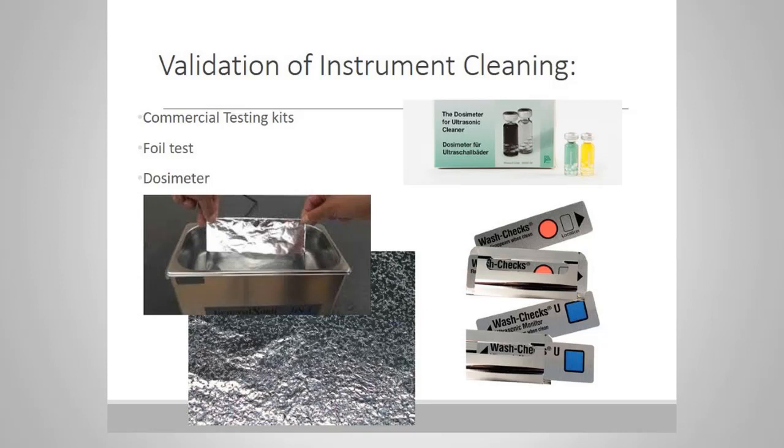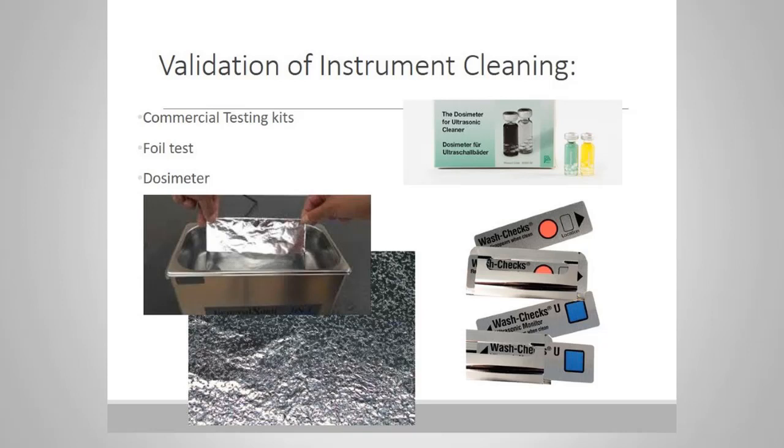In this method, a piece of household foil, approximately the length of the chamber of the ultrasonic, would be inserted into the ultrasonic, and the unit turned on for about a minute, minute and a half. And when that foil is removed, you should see uniform pitting and sometimes perforations throughout. An example of this is the piece of foil displayed in the lower portion of this image.